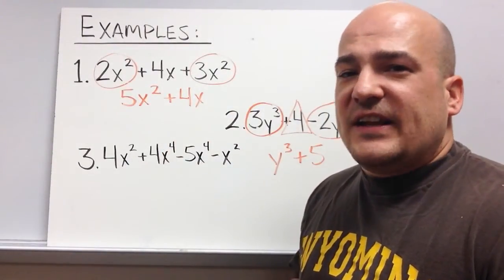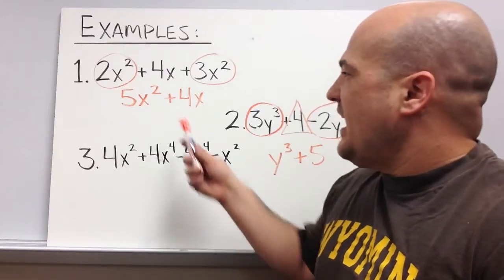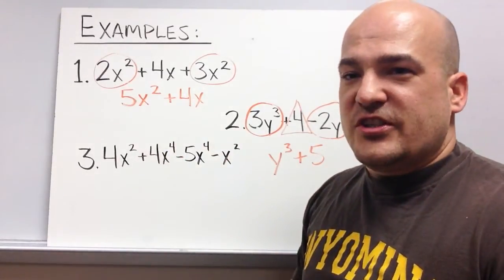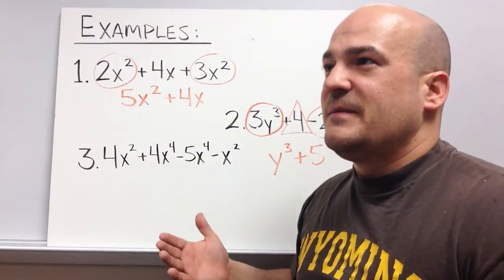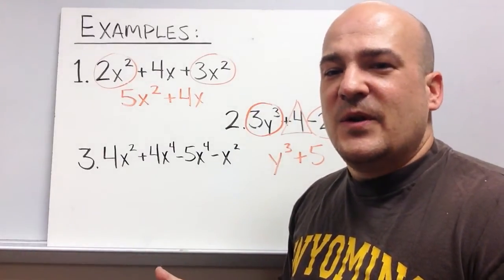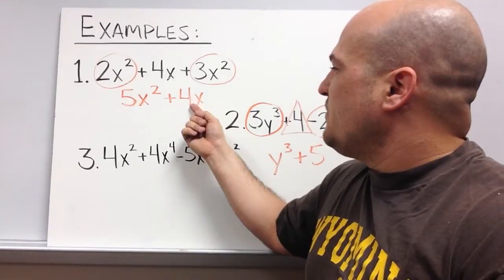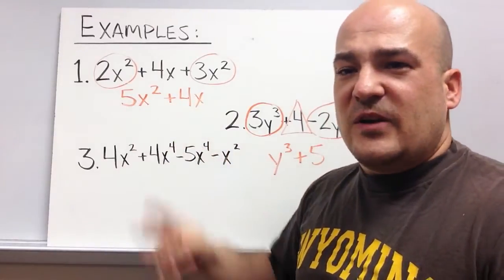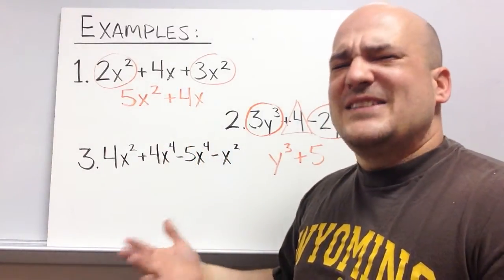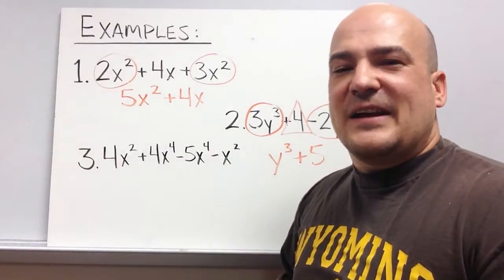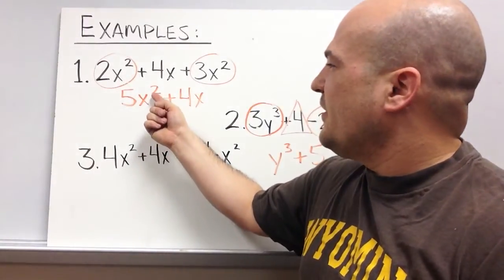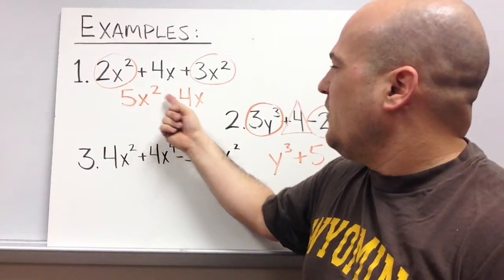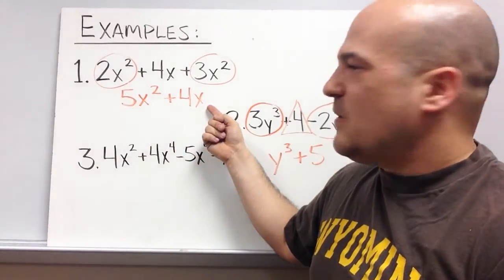One small thing that I should talk about is how to write your solutions, just because it's the proper thing to do. If you wrote this one 4x plus 5x squared, switching the order of them, it'd still be the right answer. It's just not proper mathematics. Mathematicians always start with their highest exponent and work their way down to the lowest exponent.